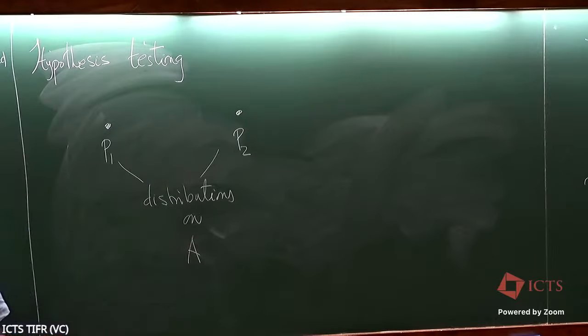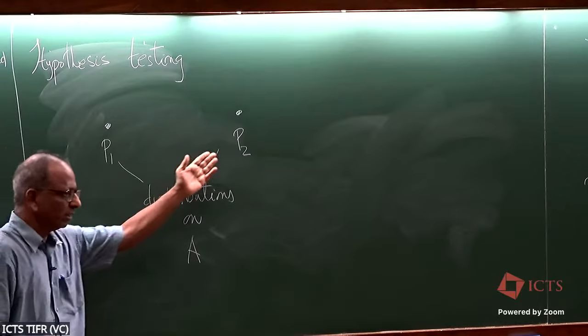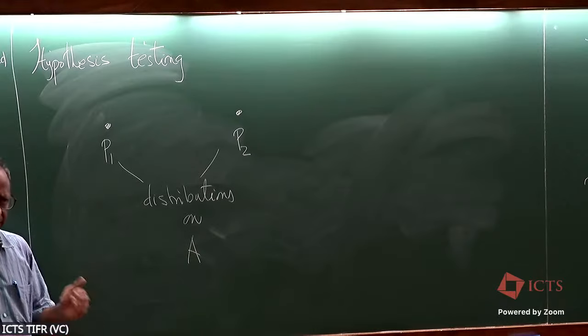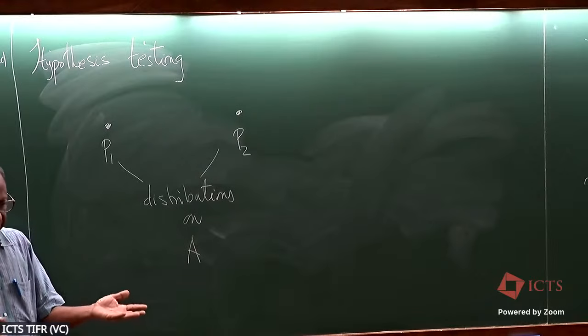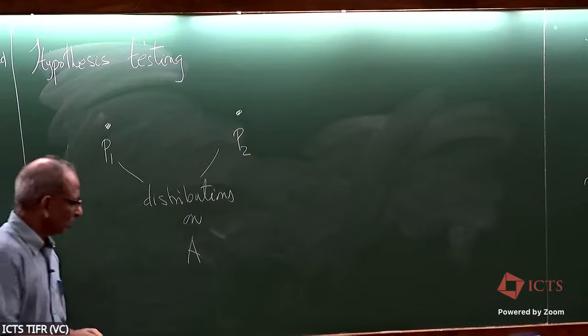And you're told that the data is coming either from P1 or from P2, and you have to tell which one. So you suddenly see a sample and you have to decide whether this came from P1 or from P2, and that is the field of hypothesis testing. Okay. So what would you do?